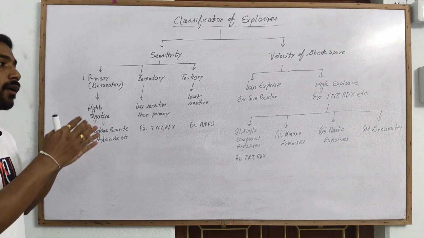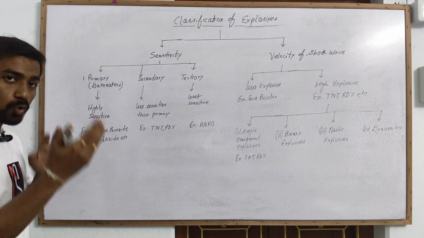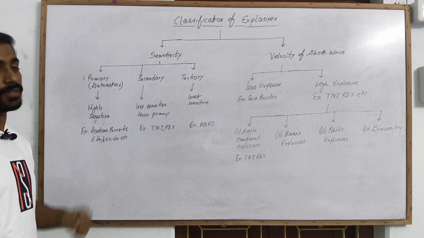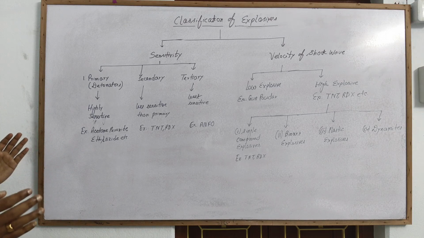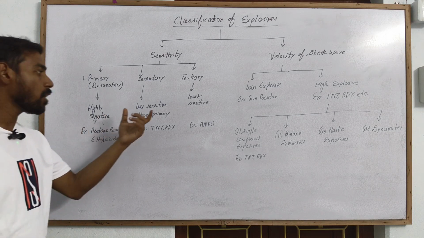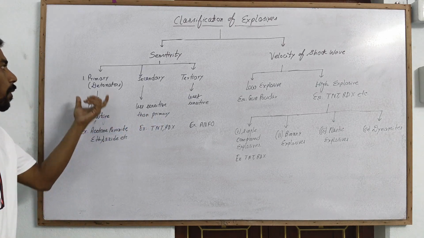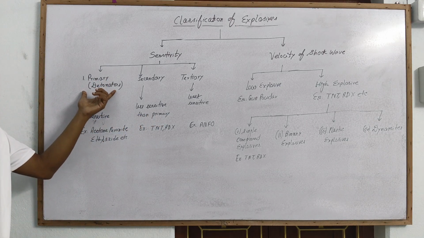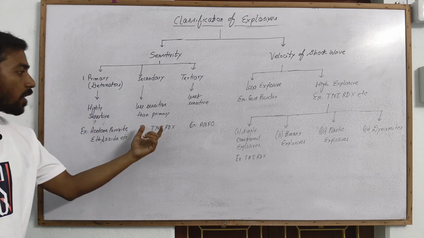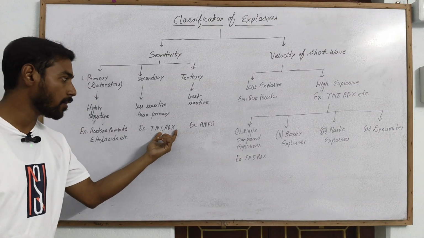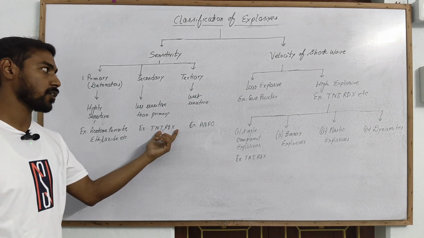They can be handled easily, they can be stored easily, and they are used in large quantities in these explosive trains and can be initiated by a very small amount of these primary explosives or detonators. Some common examples are TNT, that is 2,4,6 trinitrotoluene, then RDX, that is research development explosive, etc.